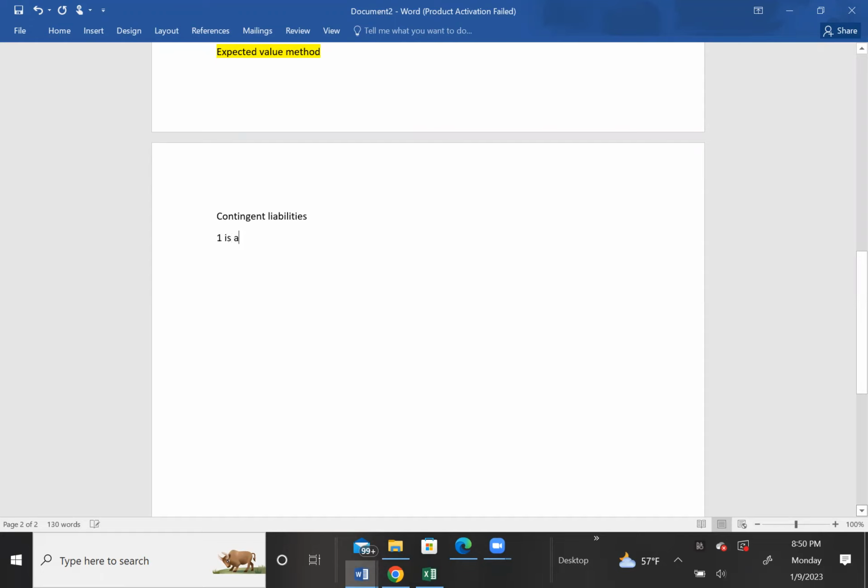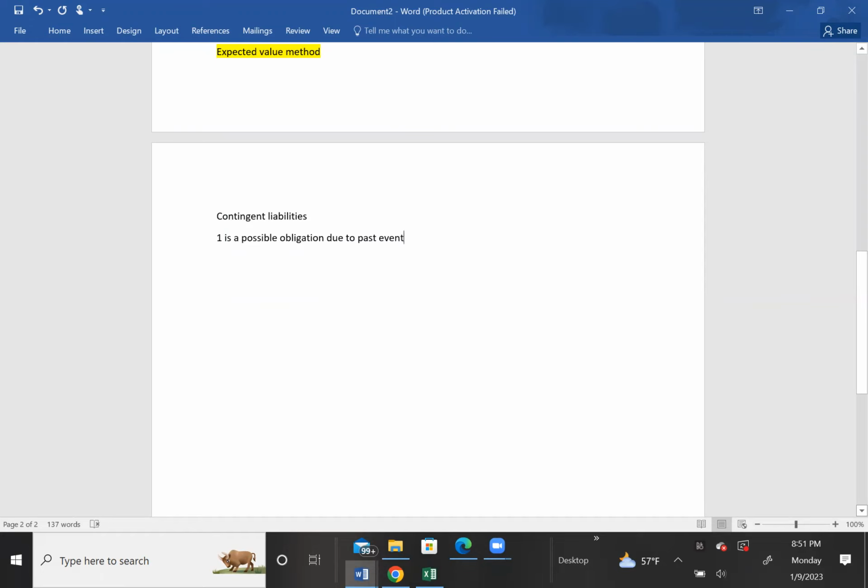A contingent liability is a possible obligation due to a past event. Number one, a contingent liability is a possible obligation, not a present obligation.